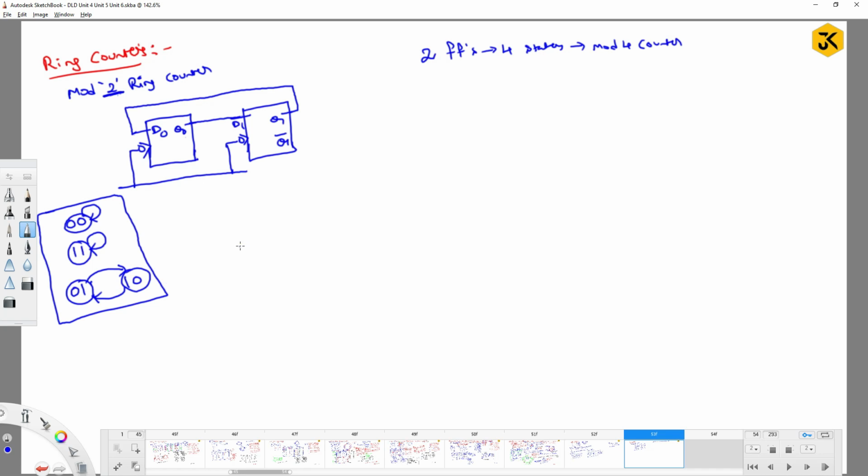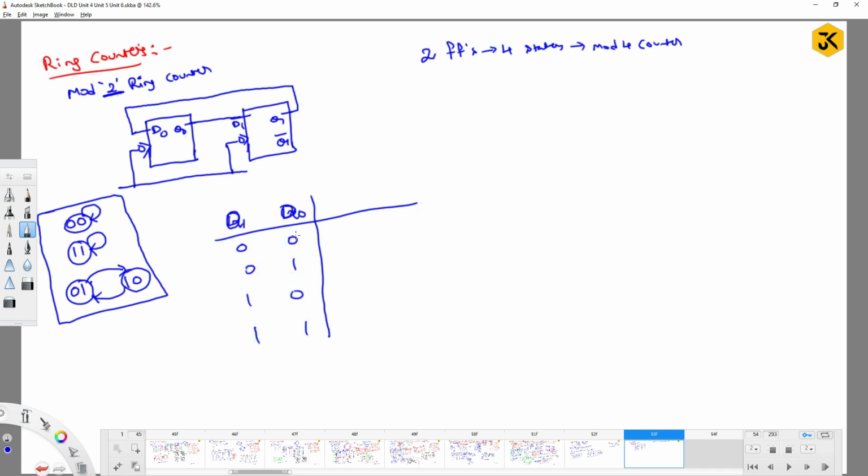But how will you get that, right, guys? Assume the initial state is, for example, D1 and D0, or instead of taking D1 and D0, first let me take Q1 and Q0, because those are the present states we require. So 0 0, 0 1, 1 0, 1 1.